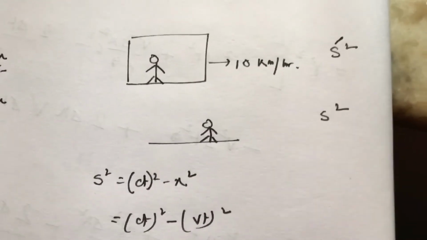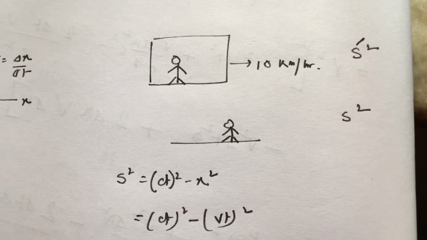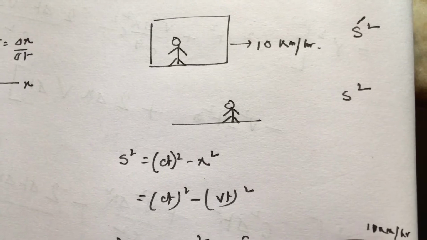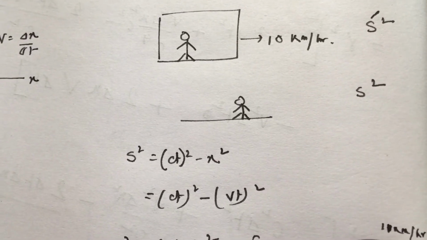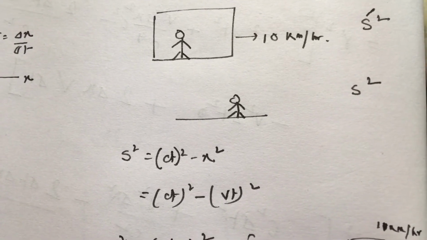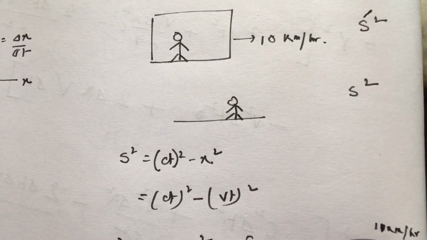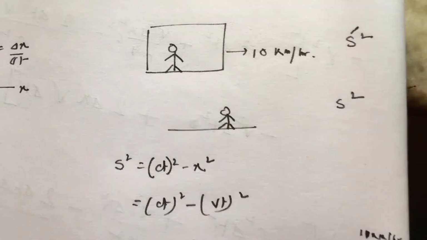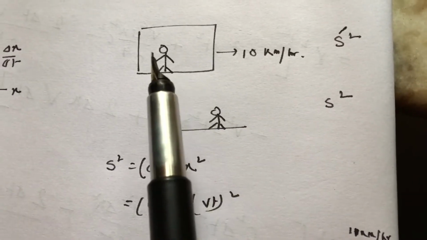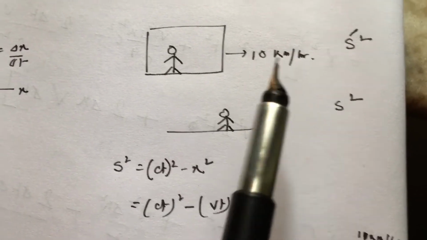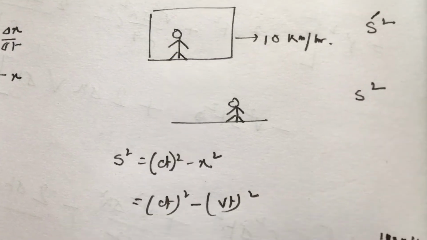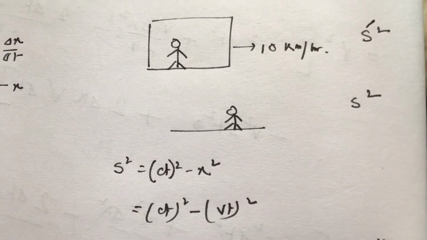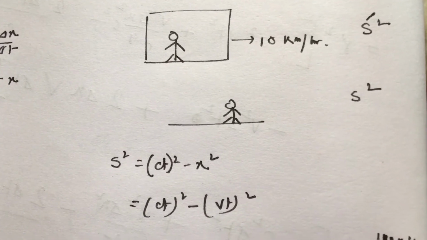Now, suppose I am moving with a speed of 10 km per hour. Someone is standing on the ground and observing me. For this person, I am moving with a speed of 10 km per hour, but for myself, I am not moving at all. I am at rest with respect to me.